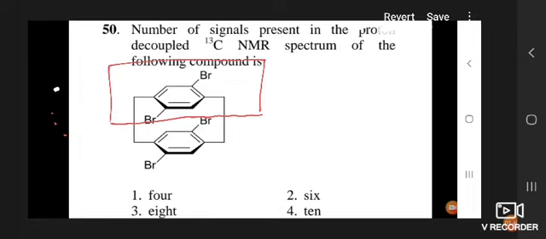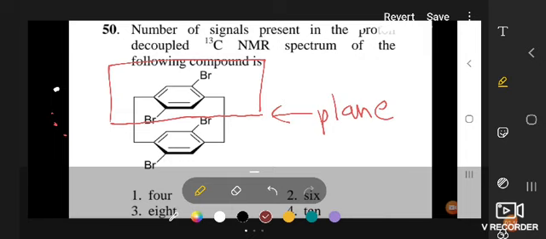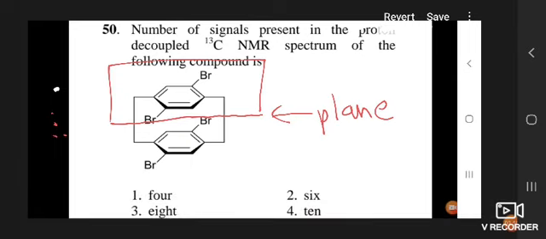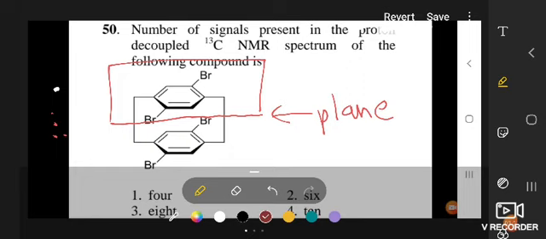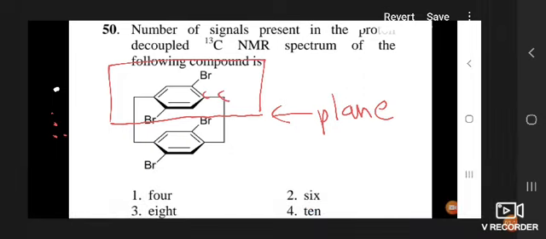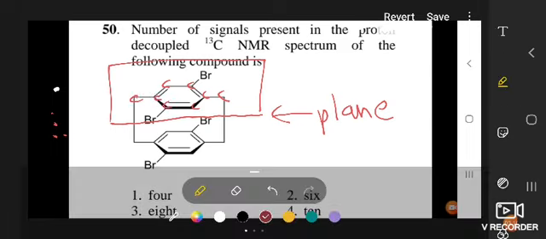The above part is obtained by adding a plane. This is our symmetry plane. After getting this part by adding a plane, we again have to see whether any other plane or center of symmetry is possible in that particular molecule or not. So in this part, how many carbons in total? Here a total of 8 carbons are there.